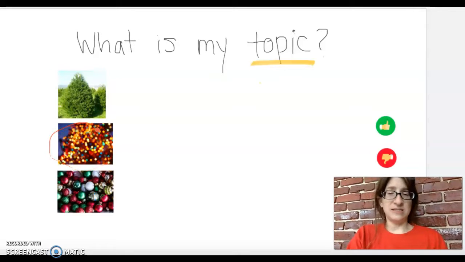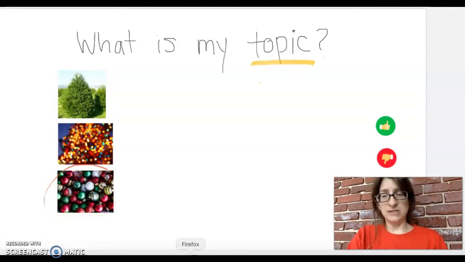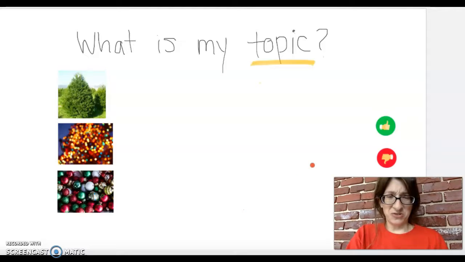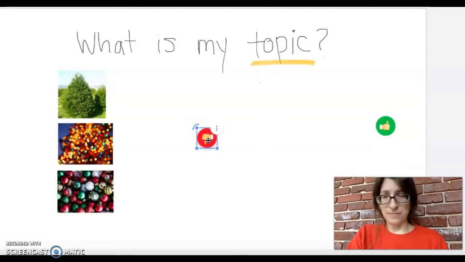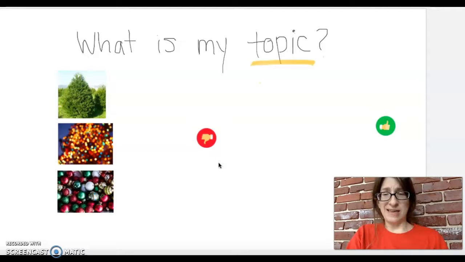Maybe another sentence about lights. Maybe another sentence about ornaments. Is my topic trees? Nope. If I'm talking about just trees, that would only be this one.